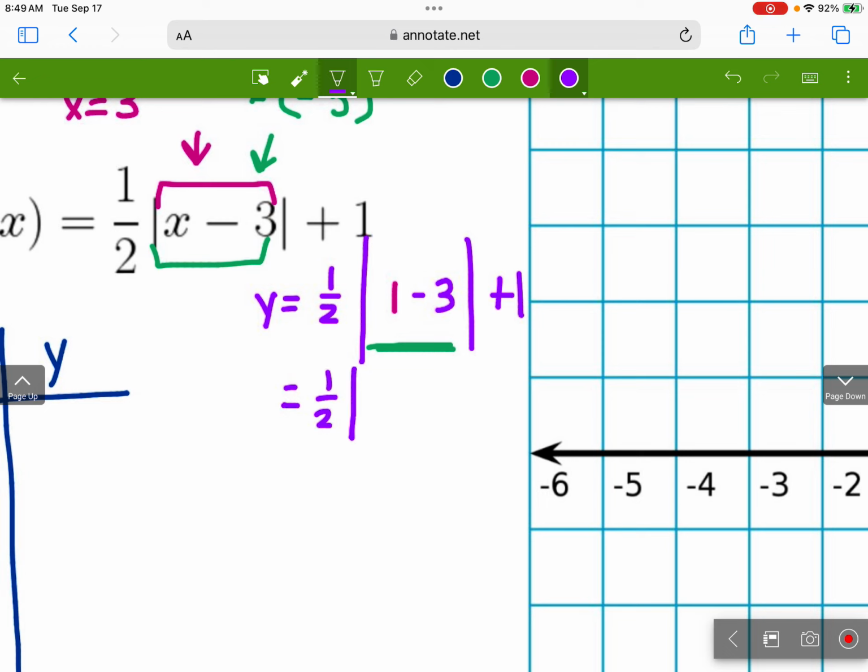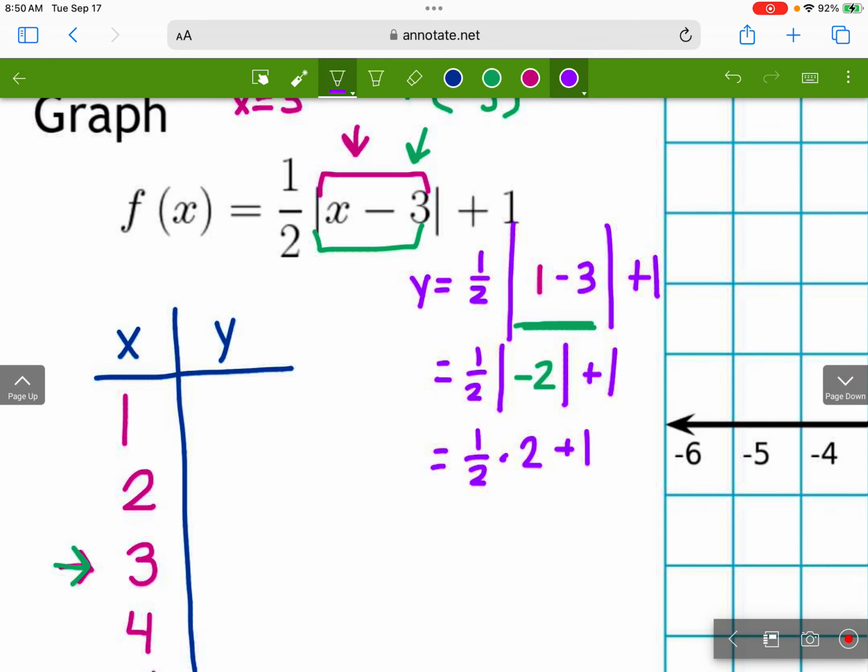So now we have the absolute value of -2. What is the absolute value of -2? +2. So we have 1/2 times +2 plus 1. What is 1/2 times +2? Just 1. Plus 1? 2. So my y value is going to be 2.